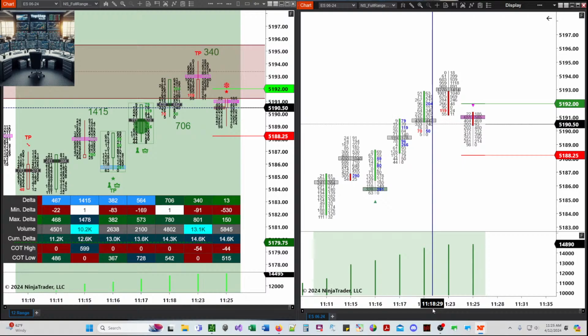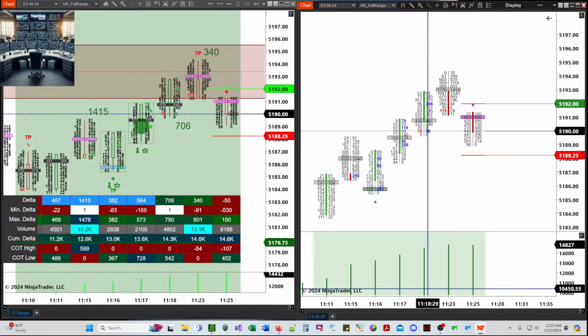Got stopping volume here, flashing on Mike Valto's. That pink you see is stopping volume.